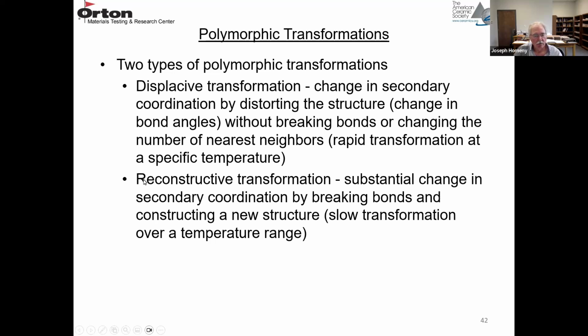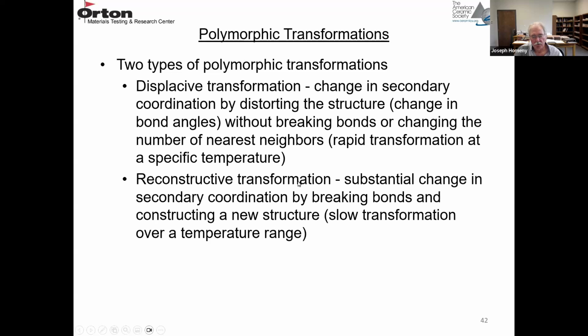The other polymorphic phase transformation is a reconstructive one. Now you change the secondary coordination by breaking bonds and reforming new structures. So this is a very slow transformation, and it takes place over a temperature range.